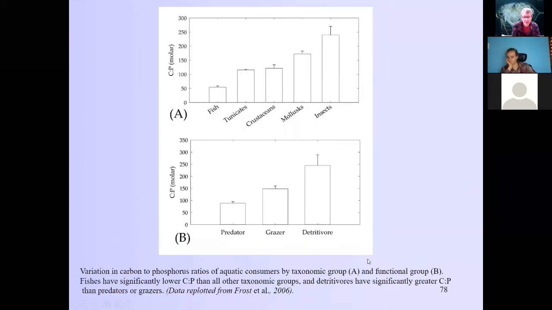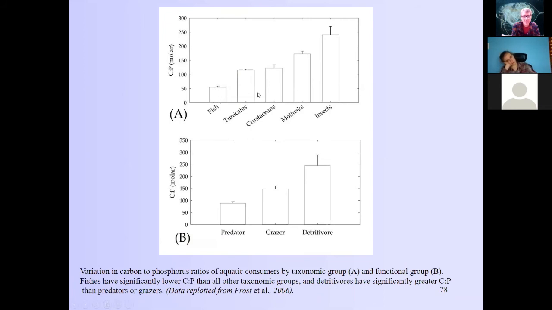Okay, so the next thing to do is look at carbon to phosphorus ratios. And we see that that varies by different types of organisms, right? And we see that fish have the highest amount of phosphorus relative to carbon.